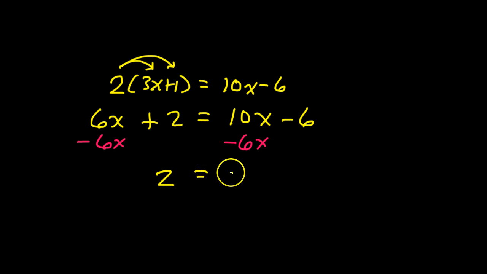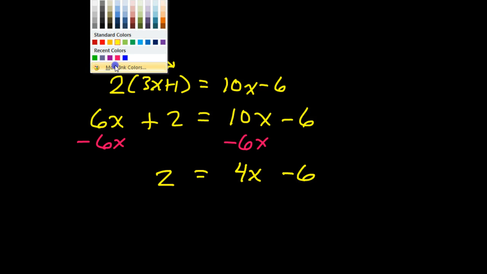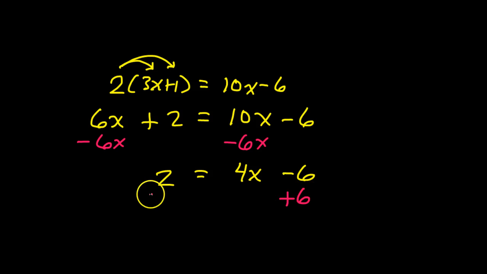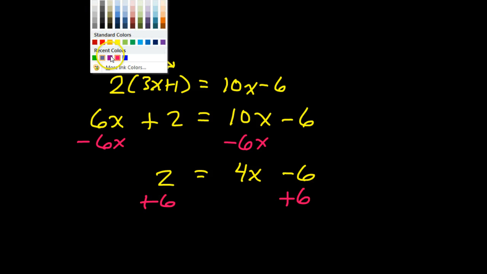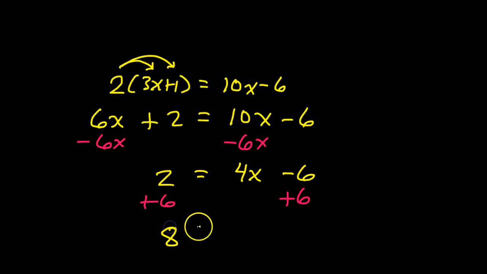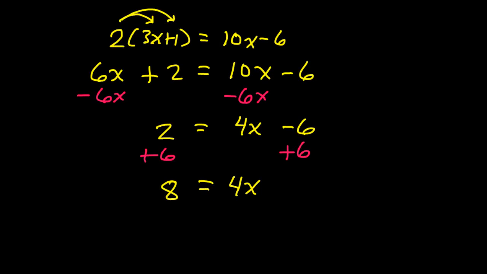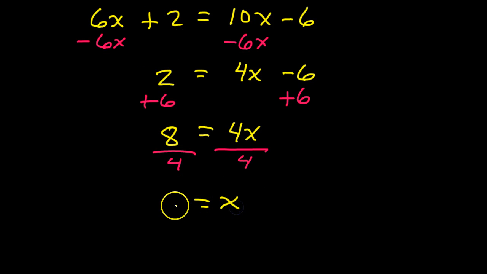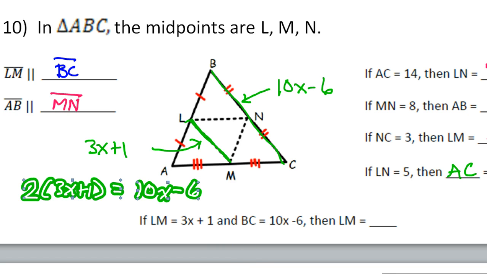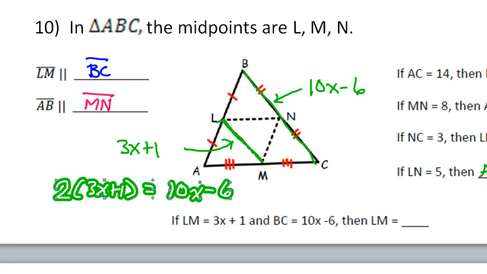So that's going to give us 2 is equal to 4x minus 6. So then when we add 6 to both sides, we're going to get 8 is equal to 4x. Okay, so then we will divide both sides by 4, and that gives us that x is equal to 2. Alright, so hold that in your mind.